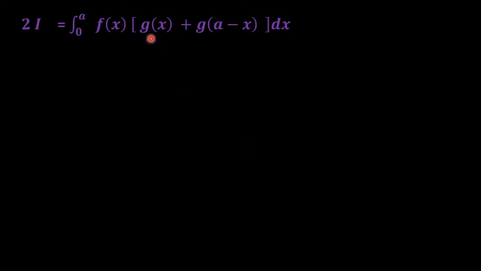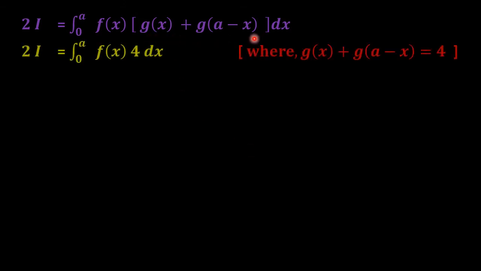Now here we replace this by 4, and it will be 2I equals to integration from 0 to a f(x) into 4 dx. So this 2 will cancel this 4 by 2, then it will be I equals to 2 integration from 0 to a f(x) dx, which is our right hand side. We have proved that integration from 0 to a f(x) g(x) dx equals to 2 integration from 0 to a f(x) dx.